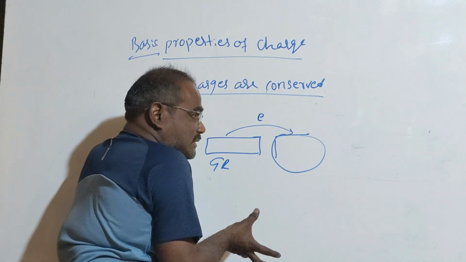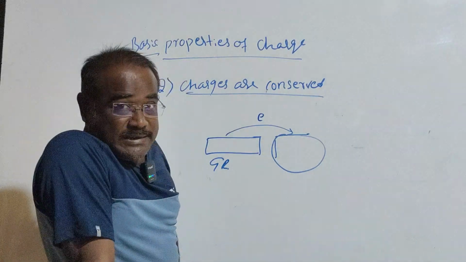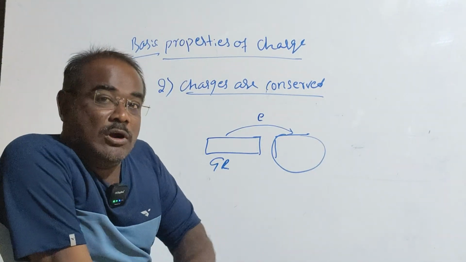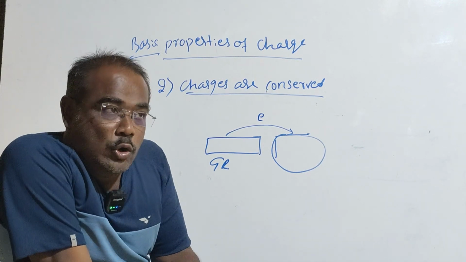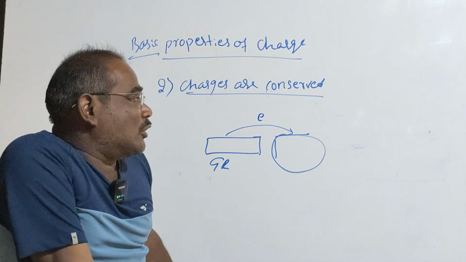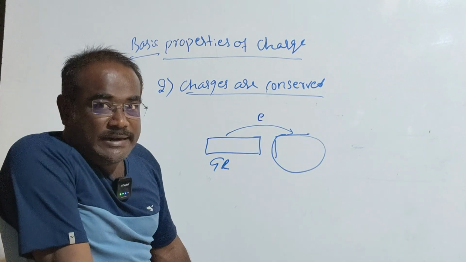But there is no creation or destruction of electrons. Just the electrons are transferred from one body to another body. Hence, because of that reason, charges are conserved in nature.